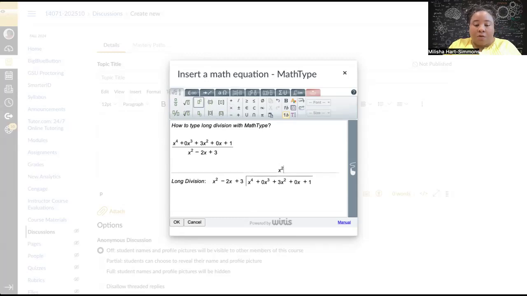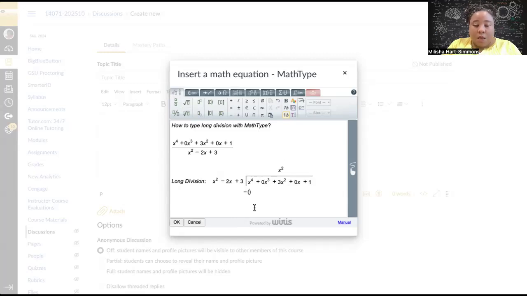Okay. And you know that you're going to have to multiply this x squared by your divisor. And to get the line that we need below, we move the cursor. We know eventually we're going to have to say minus parentheses.